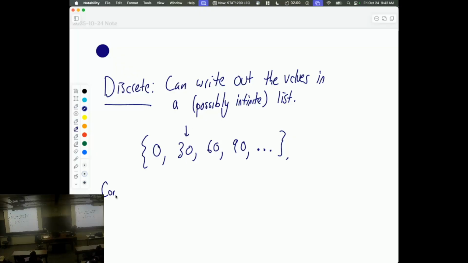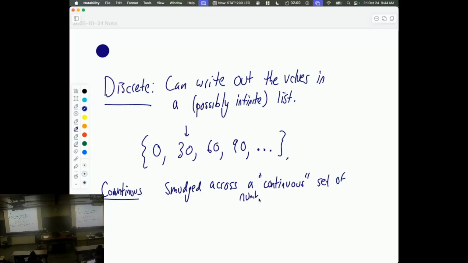Whereas continuous is slippery. Let me think of it this way. It's like smudged across a continuous set of numbers. And again, I'm using continuous to define continuous. We're going to have a better definition later. An example would be something like the interval.